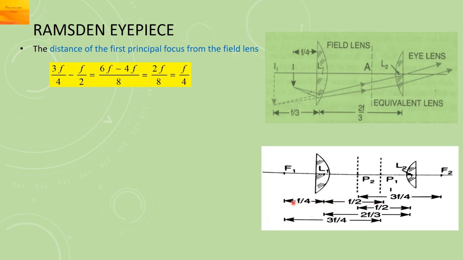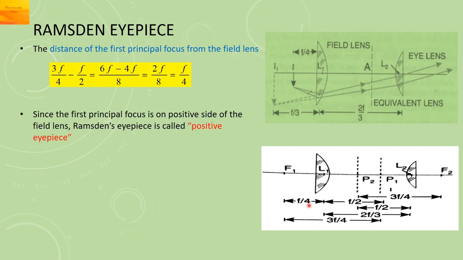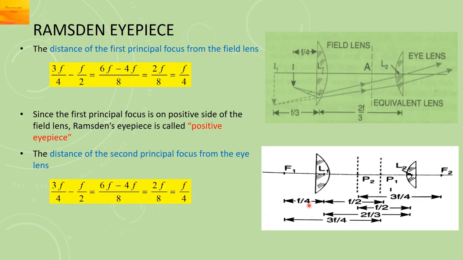Subtracting that, we'll get f by 4. Distance of the second principal focus from the eye lens, that is the distance of F2 from the eye lens, can be found as 3f by 4 minus this f by 2, that we get as f by 4.